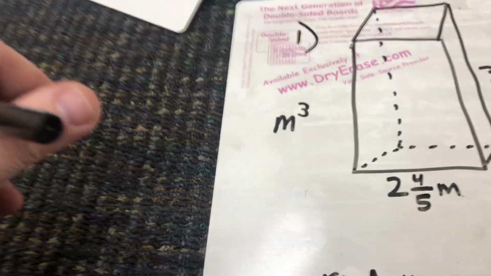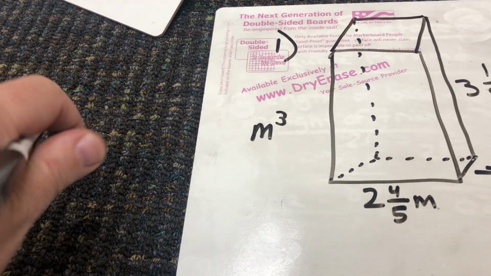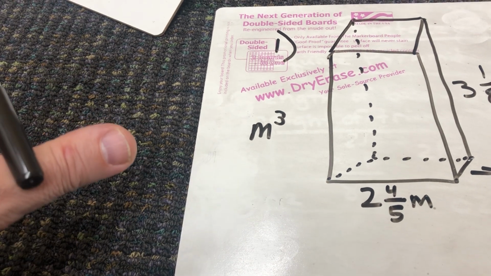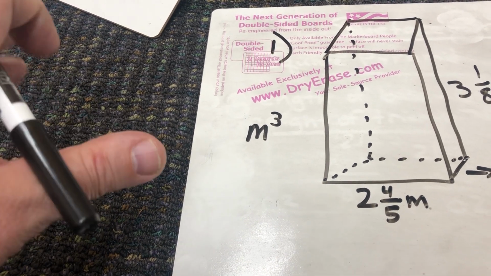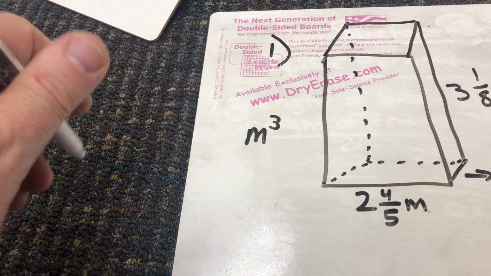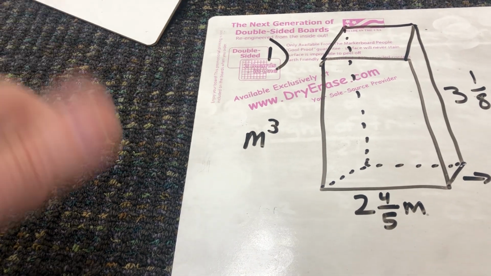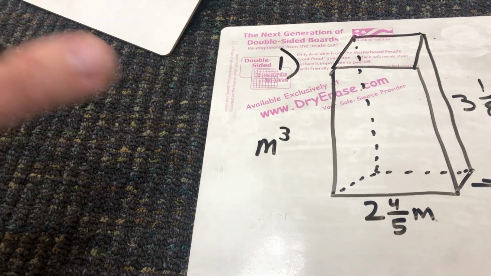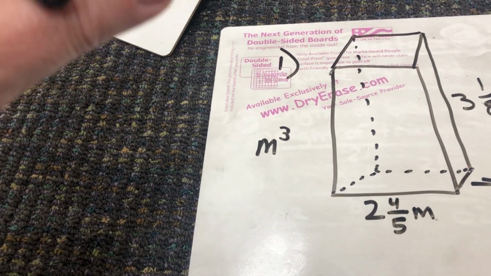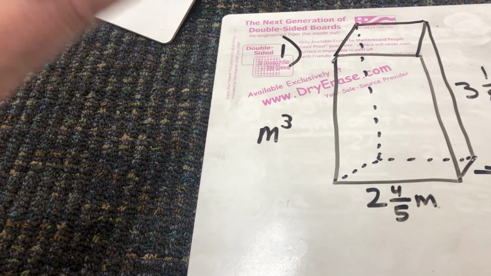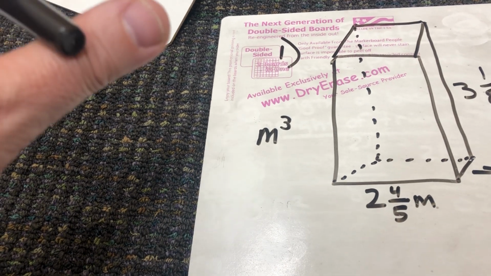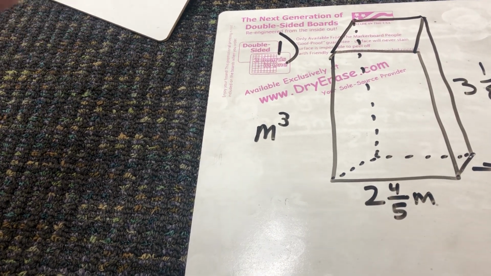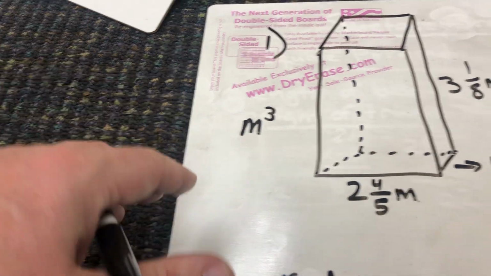When we have cubic meters, you're imagining a cube. And so if something is 28 cubic meters, if you had cubes, 1 meter on each side, and you fit 28 of those, that would be 28 cubic meters. So volume is all about how many cubic units can fit inside.